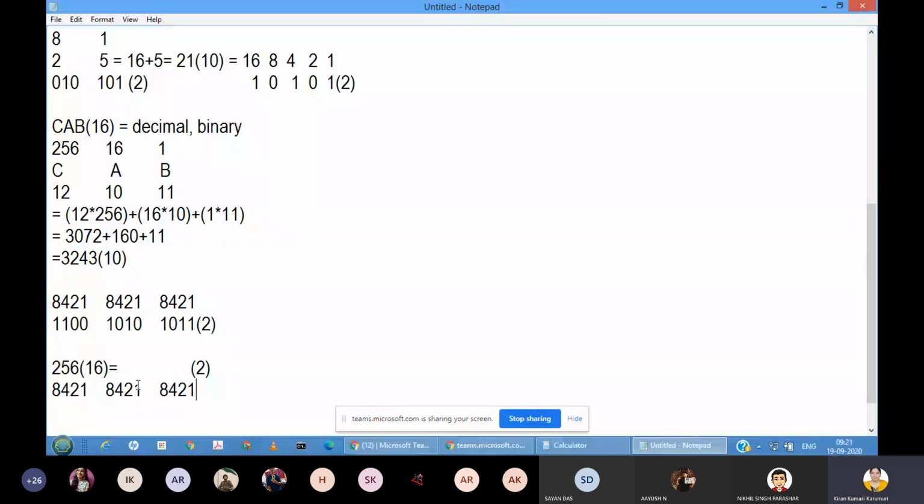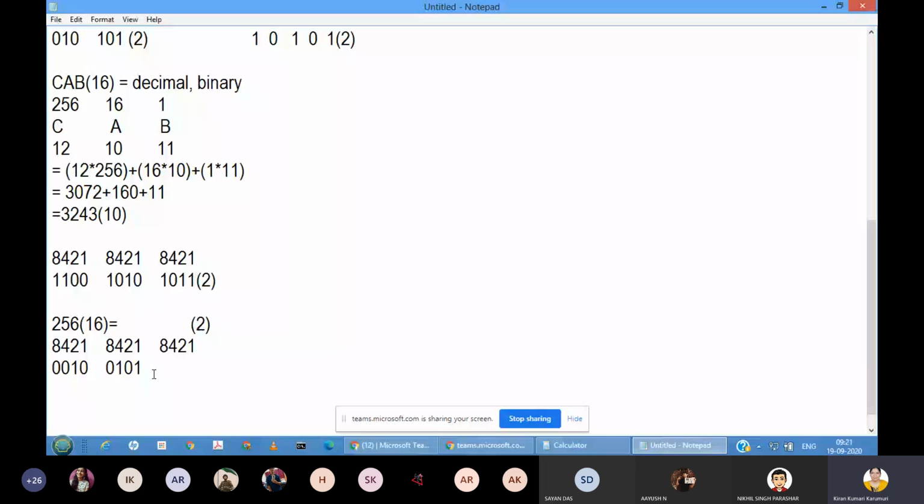For 2, what should we write? 0010. Then for 5? 0101, correct. Then for 6? 0110. So this is the binary equivalent of the hexadecimal.